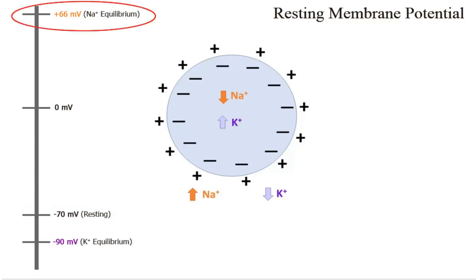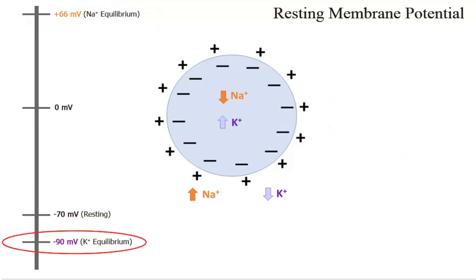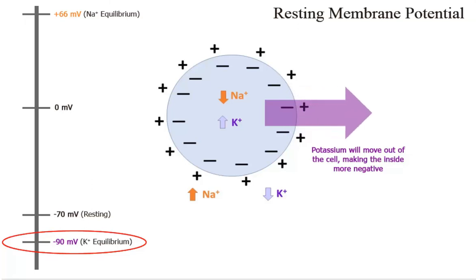Sodium has an equilibrium potential of positive 66 millivolts, meaning that if you open a sodium channel, sodium will want to rush into the cell, making the inside more positive until it goes all the way up to plus 66. And potassium's equilibrium potential is negative 90 millivolts, meaning that if you open a potassium channel, potassium will want to move out of the cell, making the inside of the cell more negative down to negative 90.